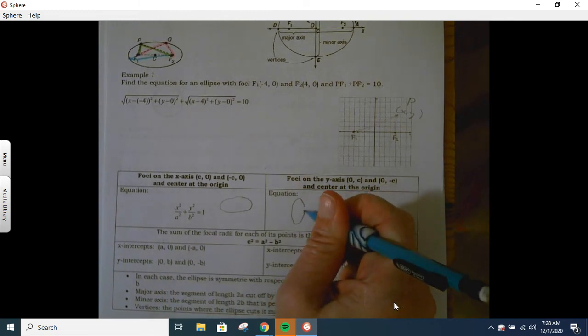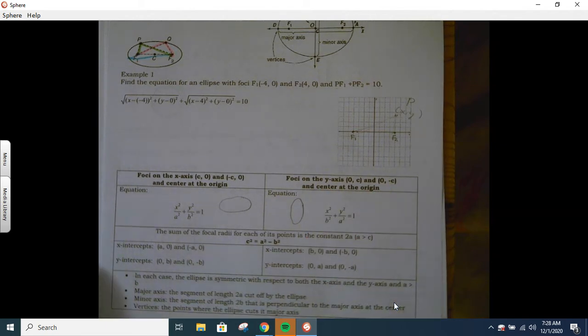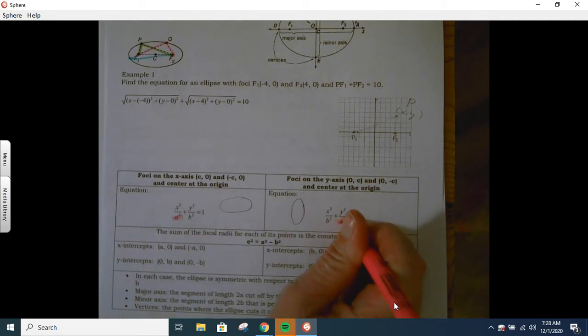And if the foci are on the y-axis, it's going to be longer vertically. Notice the only difference between the equations then is where the a squared and b squared are. Okay, so if it's longer horizontally, the a is the bigger number, so it goes longer left and right. And if it's longer vertically, the a is the second number. So in an ellipse, the a value is always the bigger of the two.